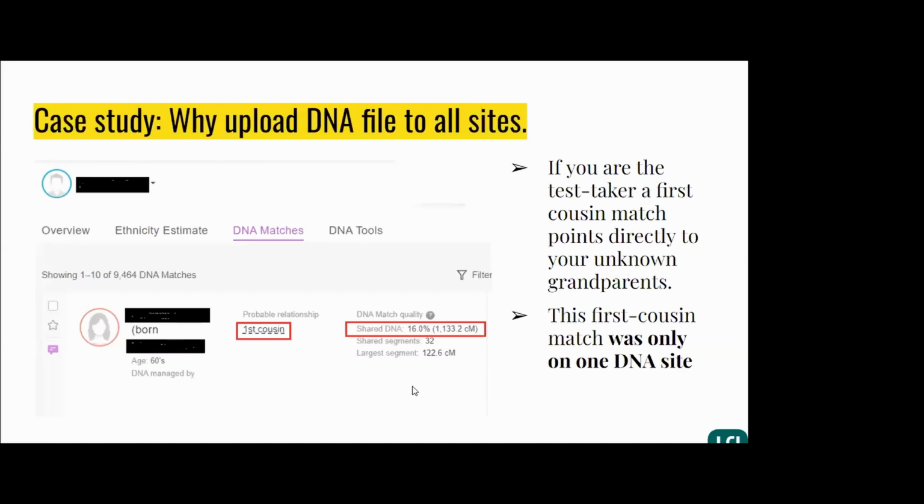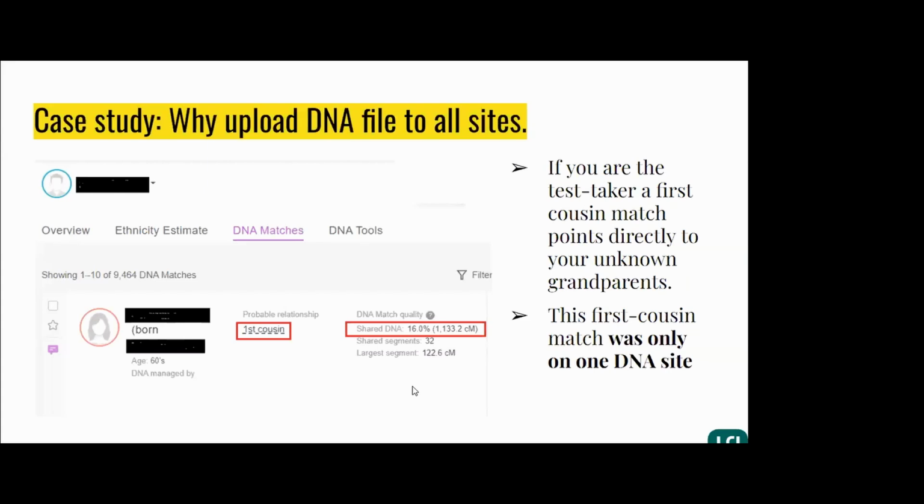And this is a screenshot from MyHeritage. Now, in this case, the person's father was likely British, ethnically British. And MyHeritage is well known in the genealogy community for having a higher percentage of British and European test takers than, say, Ancestry.